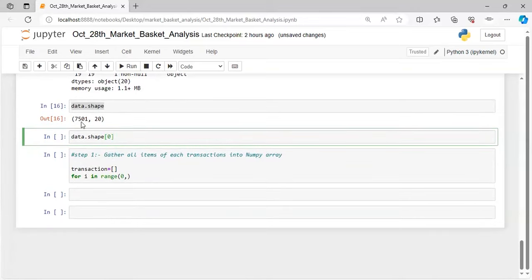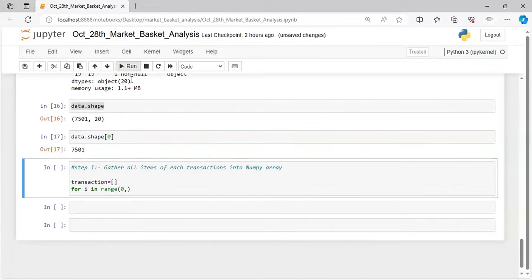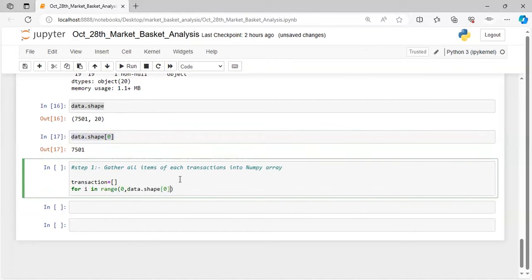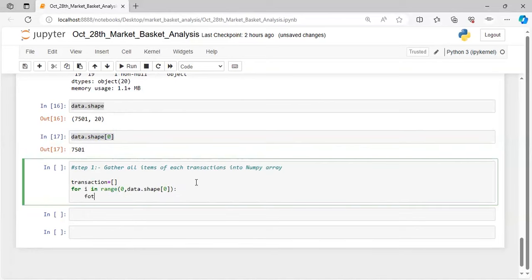This will be 7501 if you run it. So you can pass this thing here, or you can write 7501 also. It will also work, not an issue. And now for item number i, we have decided one particular item.